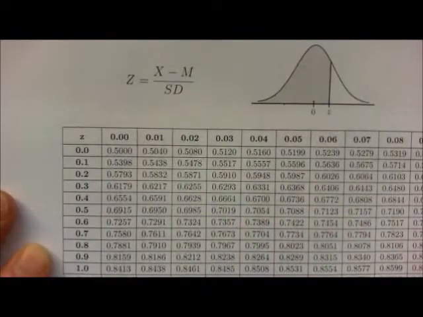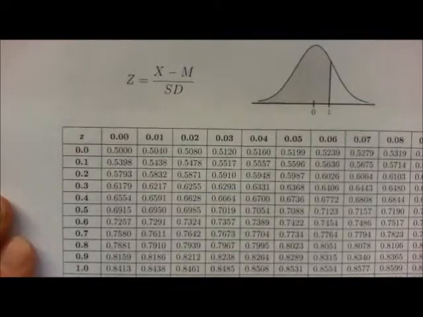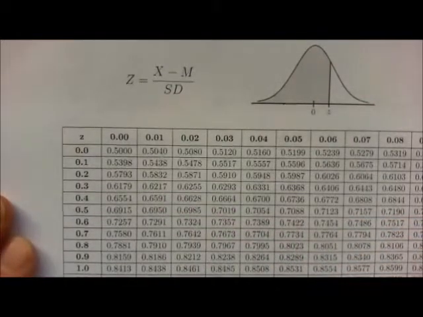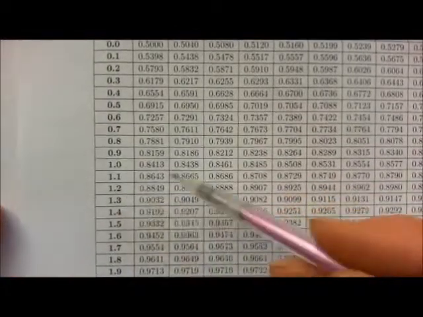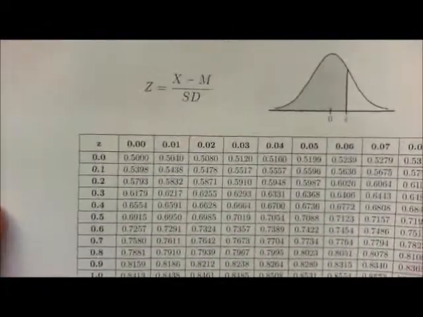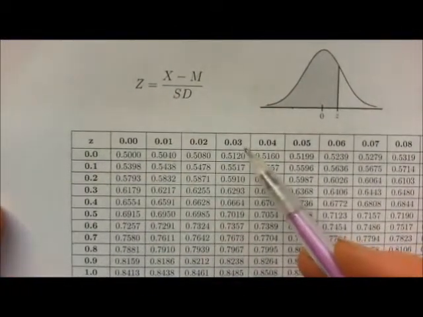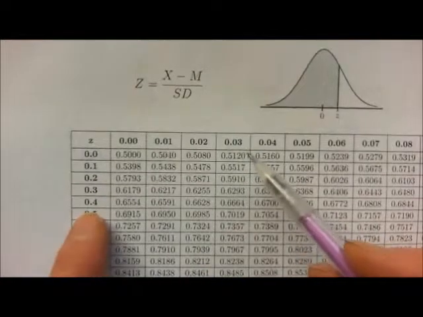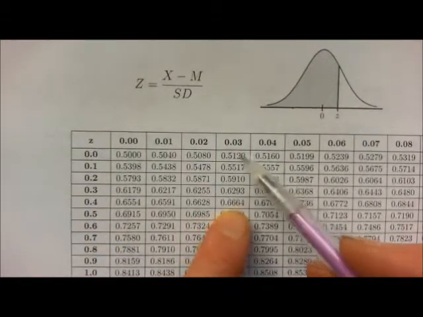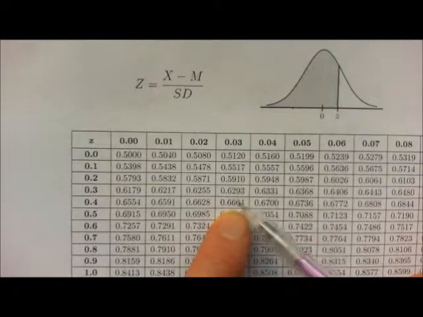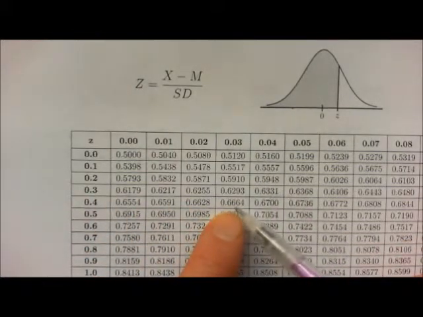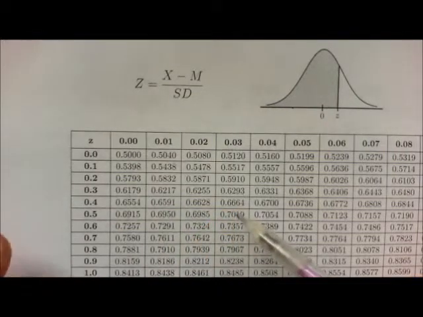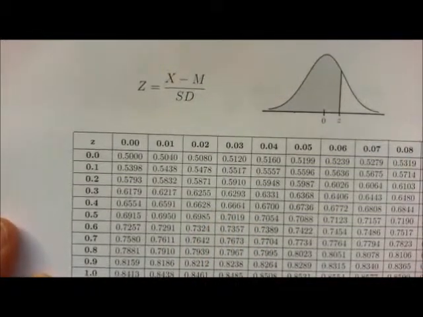The left side gives us the ones place and tenths place for our z, and the numbers up at the top then give us the hundredths. And what we do is we go across where a row meets a column, and for instance this right here would be for a z-score of 0.43 if we're right here in this spot. Okay, so that's how we use the table.